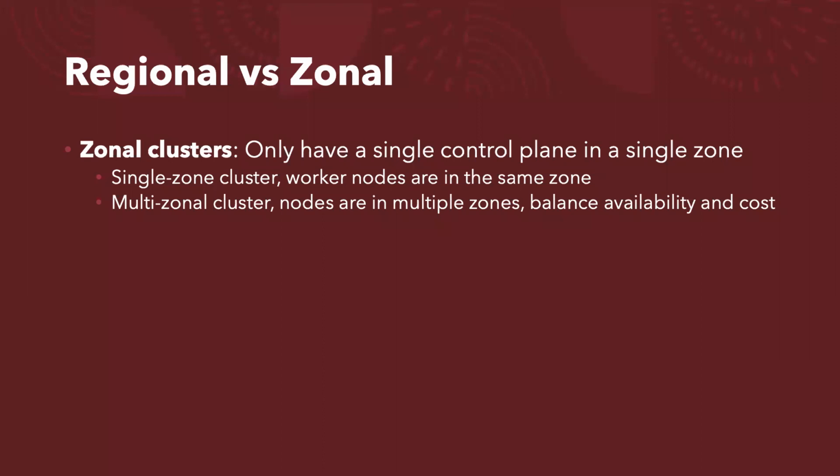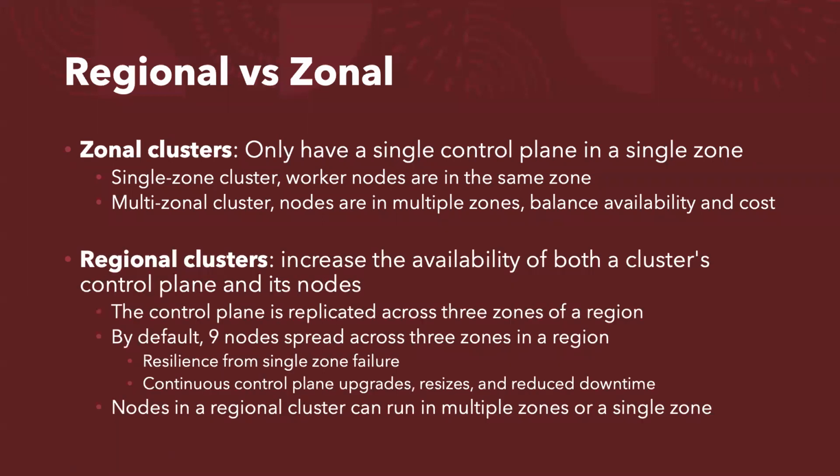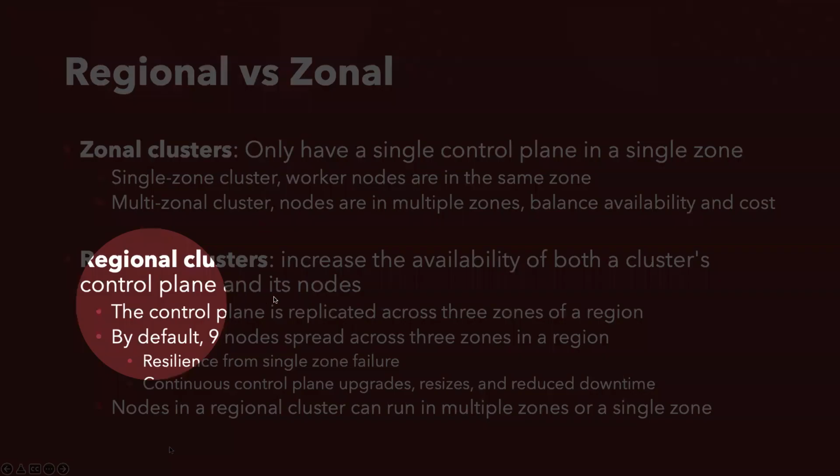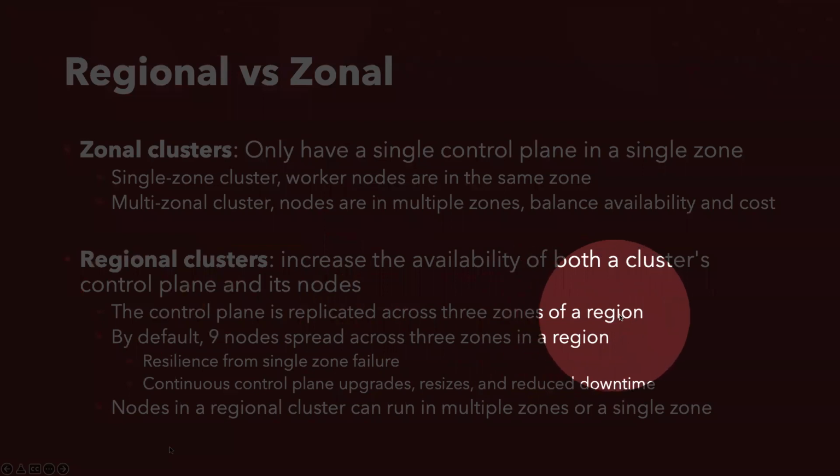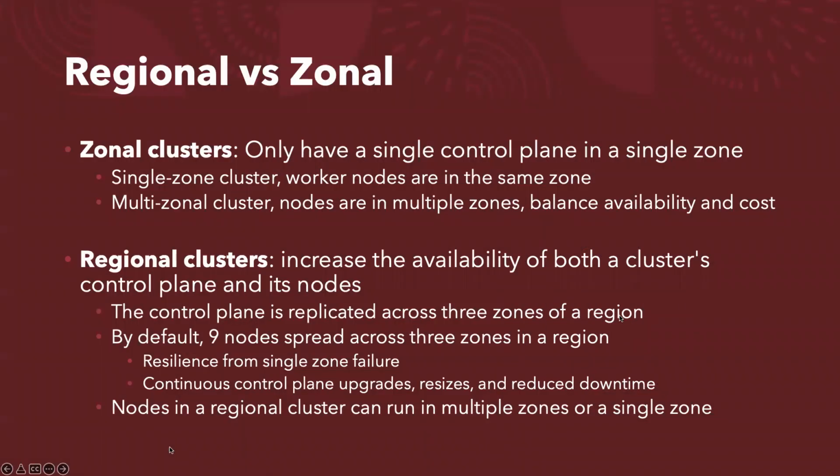On the other side, a regional cluster is more for high availability requirements, because both the cluster control plane and its nodes are spread across multiple zones. By default, your control plane is replicated across 3 zones of a region, and by default, you will get 9 nodes spread across 3 zones in the region.